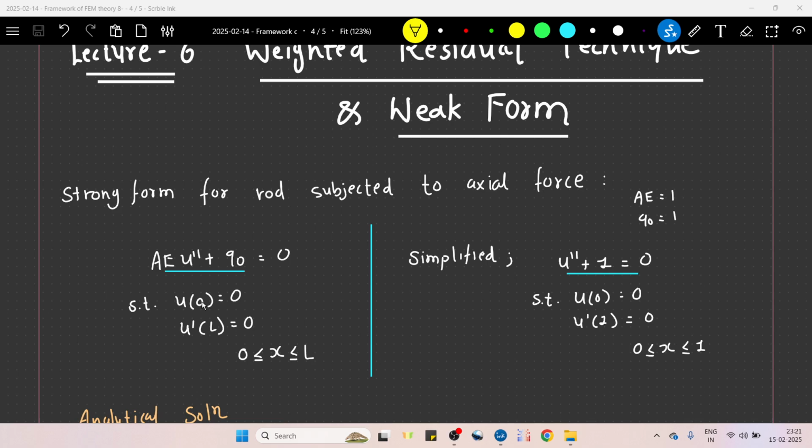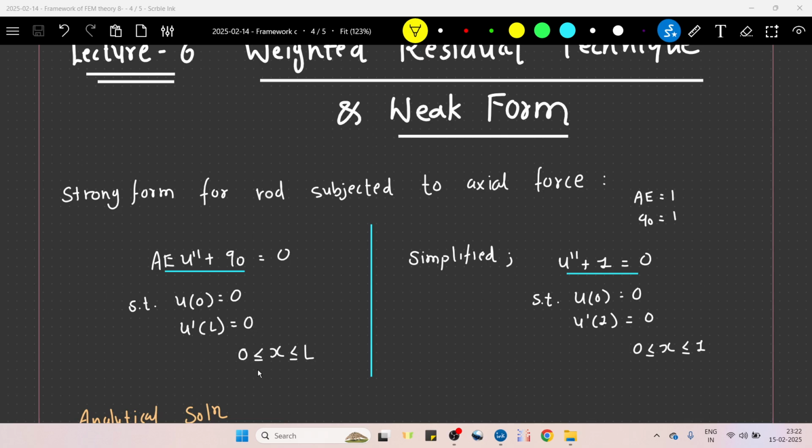So the strong form for a rod subjected to axial force is AE u double dash plus q0 equal to 0, subject to boundary conditions u at x equal to 0 equal to 0 and u dash at x equal to L equal to 0.